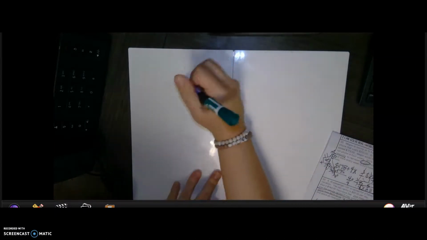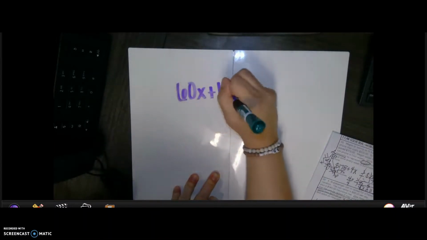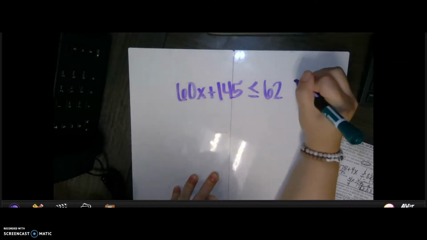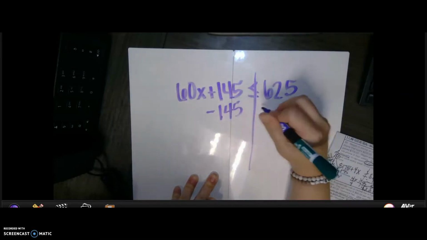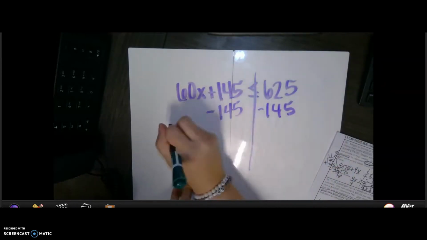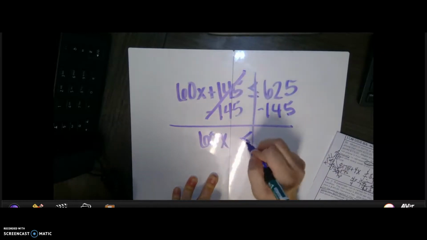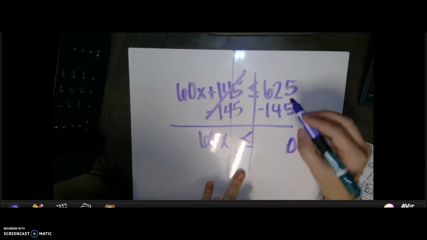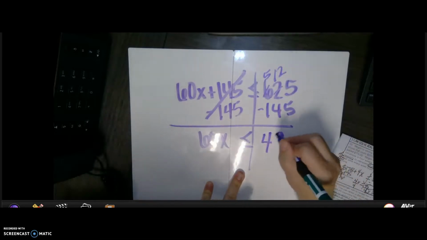Okay, so we have 60x plus 145 is less than or equal to 625. Okay, 145 is my constant, so I'm going to do the opposite and subtract 145 from both sides. 60x is less than or equal to 480.